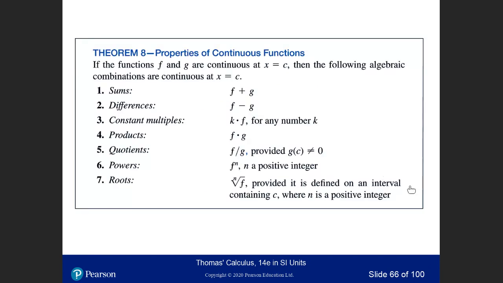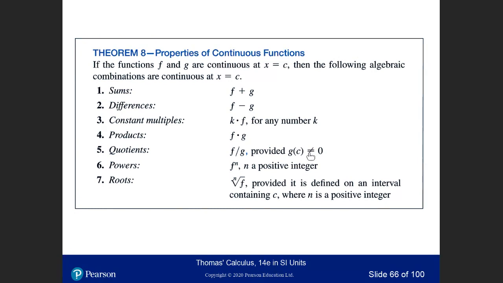Okay, now let's summarize some properties of continuous functions. These are almost obvious. Sum or difference of two functions. So if you're given functions f and g which are continuous at c, then their algebraic sum and difference are continuous. If you multiply by a number k, it is continuous. The multiplication of two functions is continuous. The ratio of two functions is continuous.